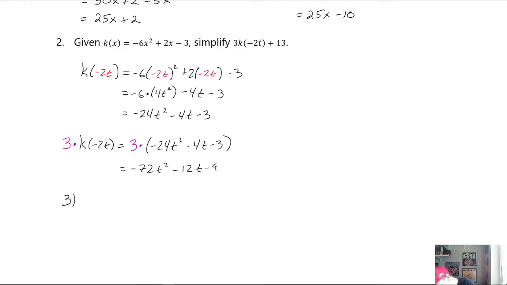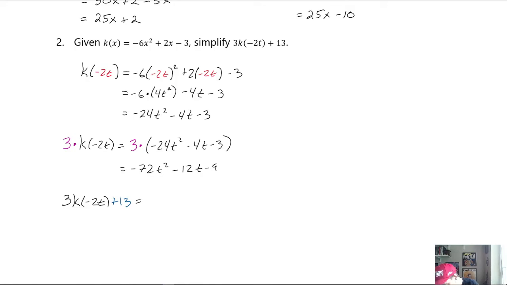We want to take 3 times k of negative 2t, and we want to add 13 to it. Let's do it in different colors. Go blue. Plus 13. I try and avoid red and green because that's the most common colorblind mix-up out there.